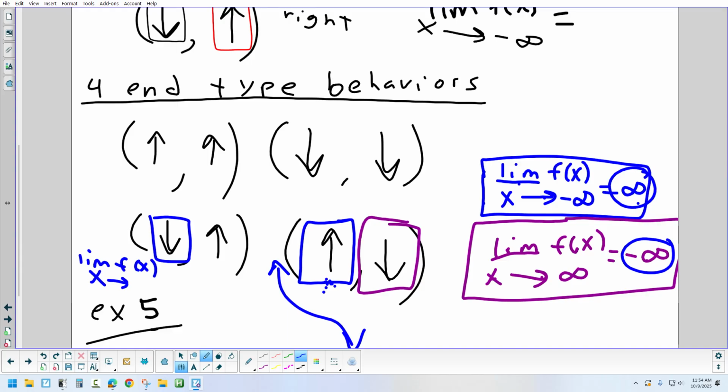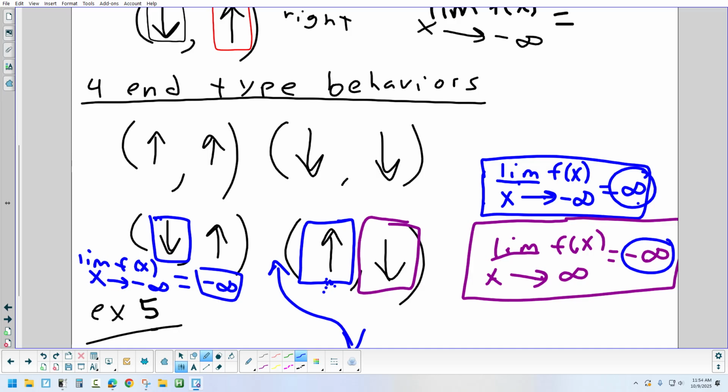Now, this is the left side. The left side means I'm heading to negative infinity. This is how you always write what's happening to the left arrow. The purple is how you always write what's happening to the right arrow. Now, what you put in that box, you have to look at the actual arrow. This arrow is pointing down, so it would be negative infinity.